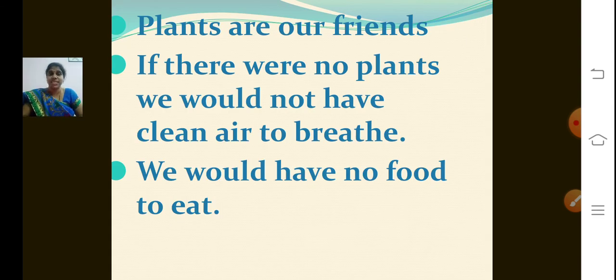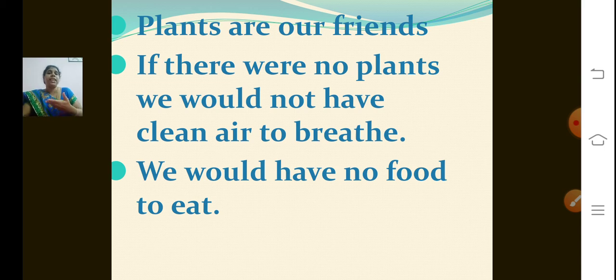Plants are our friends. So if there were no plants, we would not have clean air to breathe, right? So whatever we are breathing, we are getting from the plants, right? So if there were no plants, what will happen? We will die. If there were no plants, we would not have clean air to breathe, and we would have no food to eat. So if plants are not there, what do we have?